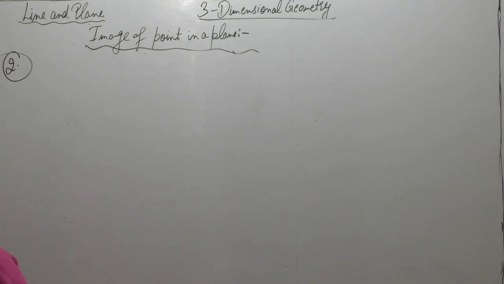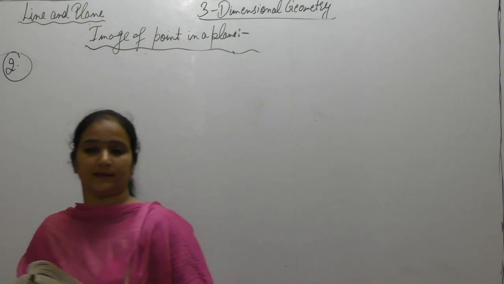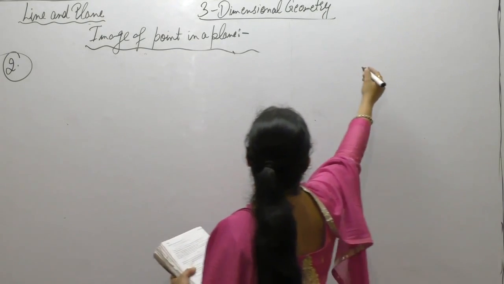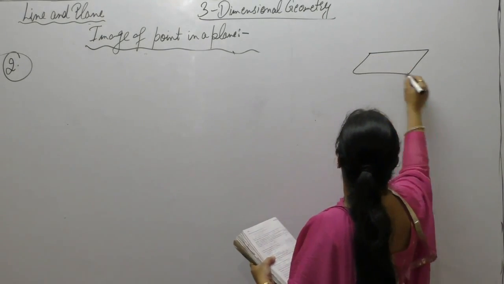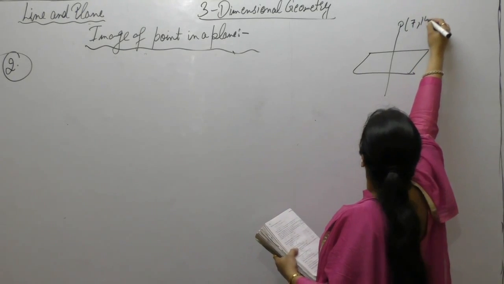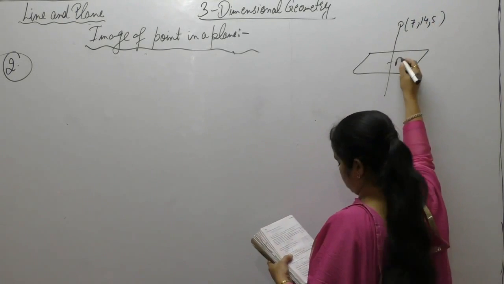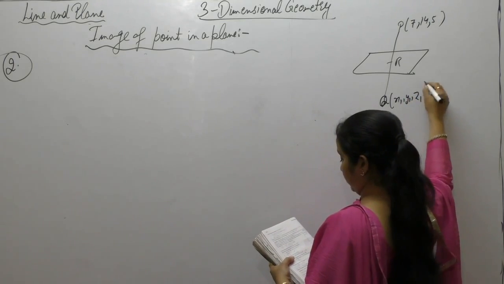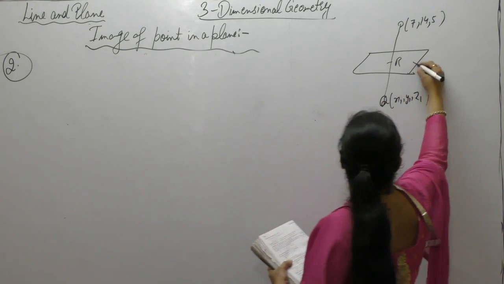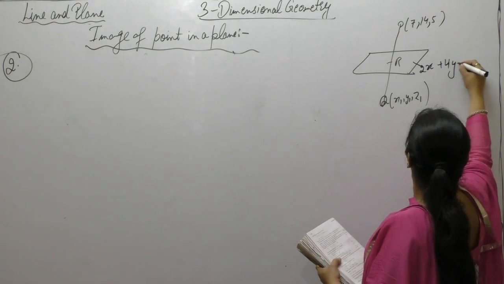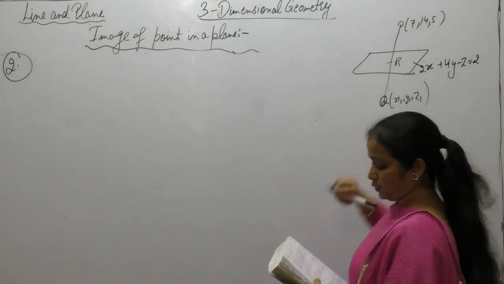Now the next one. Find the length and the foot of the perpendicular from the point (7, 14, 5) to the plane 2x + 4y - z = 2.